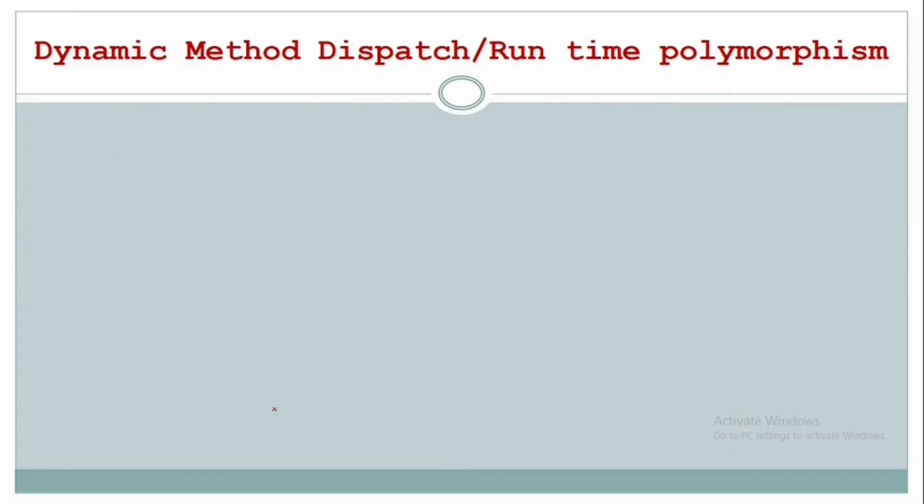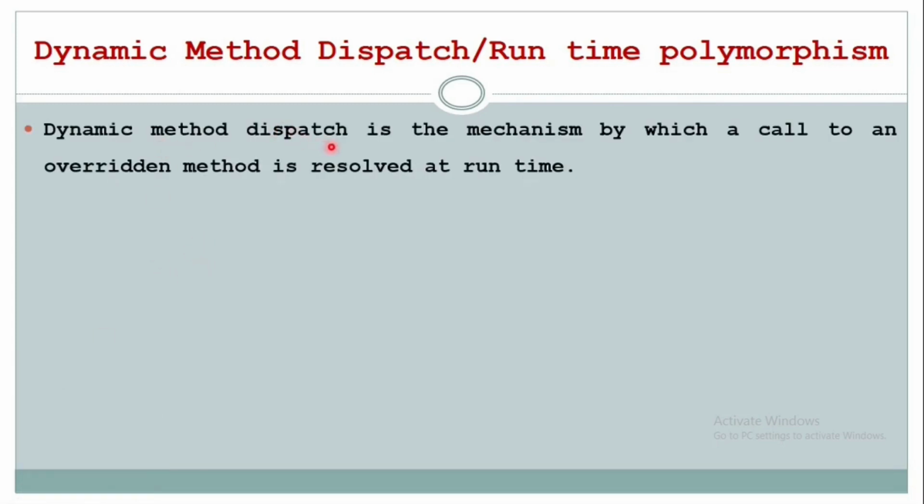Now let us understand dynamic method dispatch. Let me take a laser pointer. Dynamic method dispatch is a mechanism by which a call to an overridden method is resolved at runtime. In the previous slide, we saw method overloading, which is just compile time polymorphism, but dynamic method dispatch is runtime polymorphism.